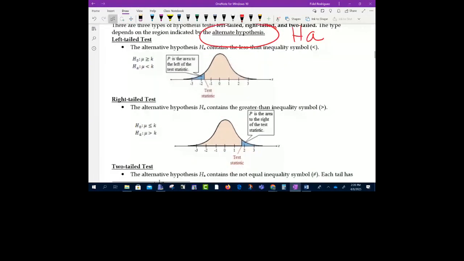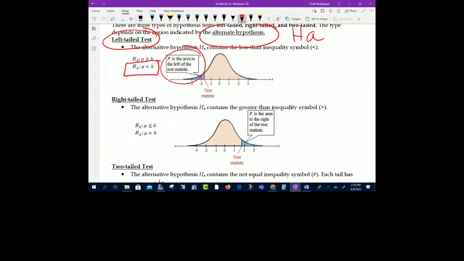I'm going to make this as easy as I can. How do we know when we have a left tail test? We're going to look at the HA. I put it in the red box for you right up here. Look at the HA. Which way is the inequality symbol pointing? To the left.